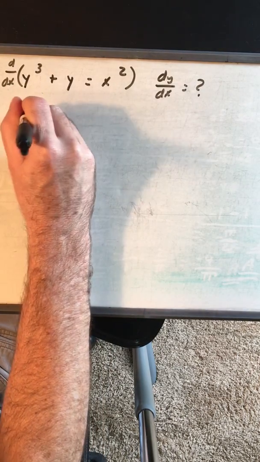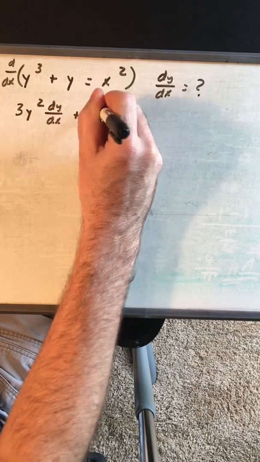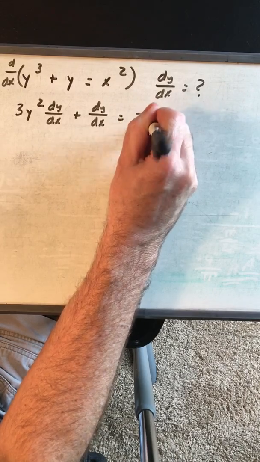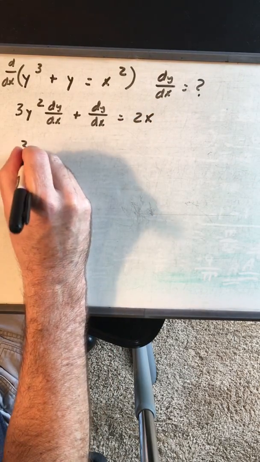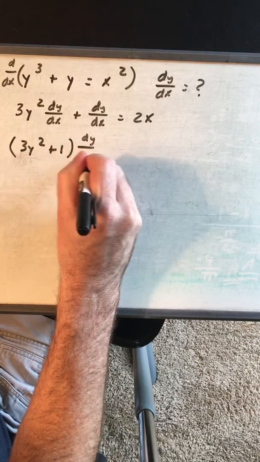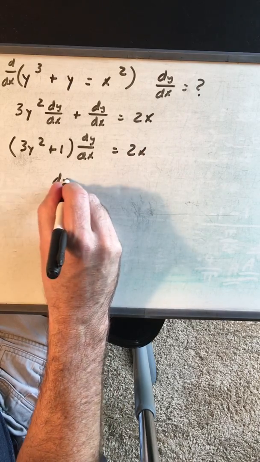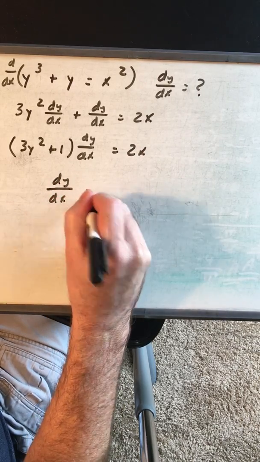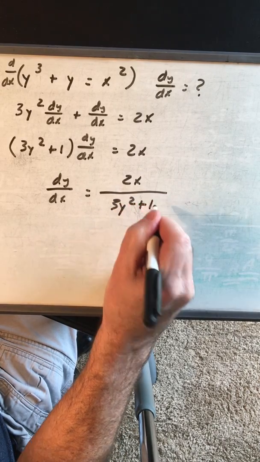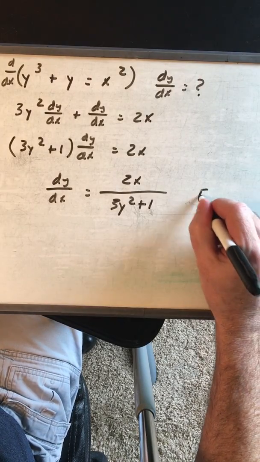So we have 3y squared dy dx plus dy dx is equal to 2x. We'd have 3y squared plus 1 if we factor out the dy dx. Solving for dy dx, that's 2x over 3y squared plus 1. That is E.